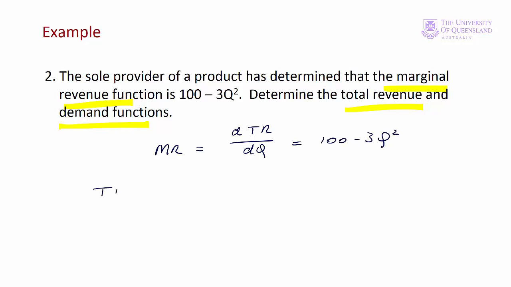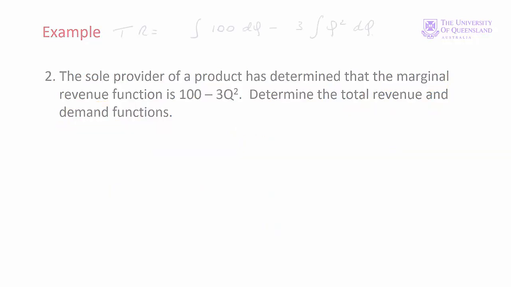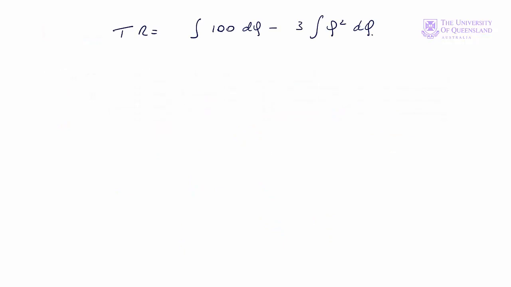Total revenue then is the integral of marginal revenue dq. It's the integral of 100 minus 3q squared dq. We can simplify that. We use our difference rule and take the constant outside the integral.